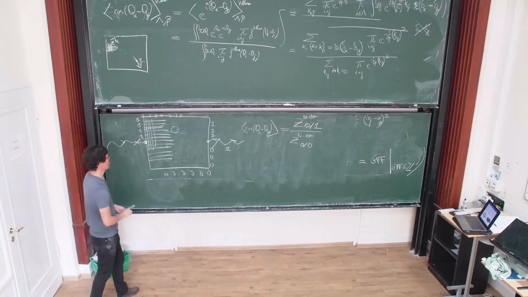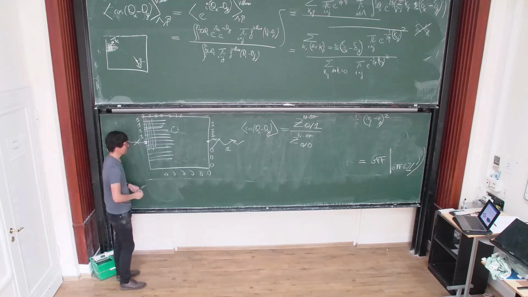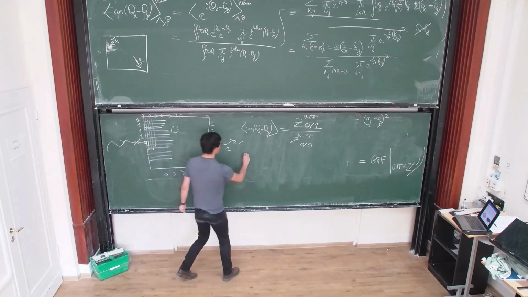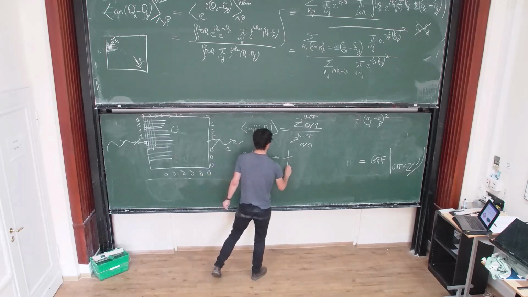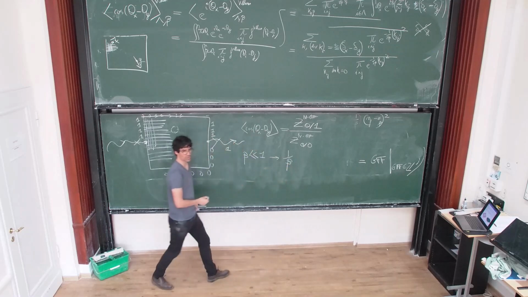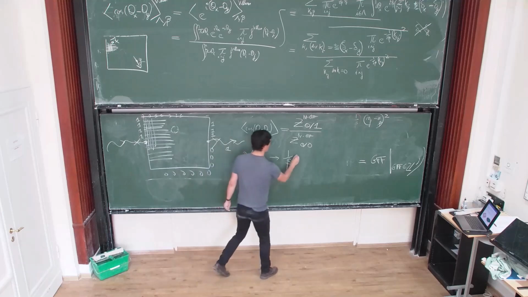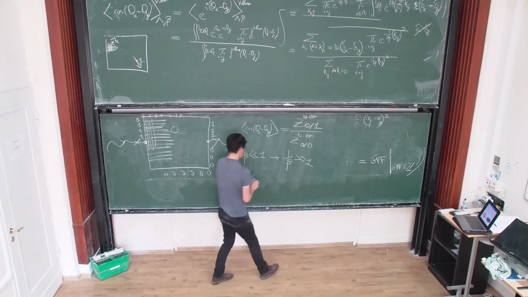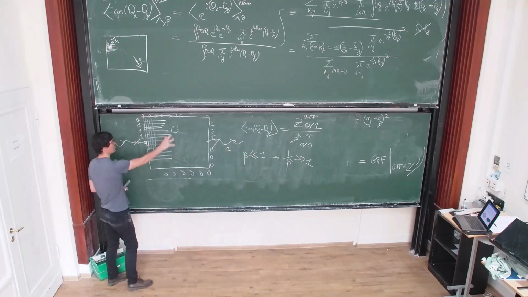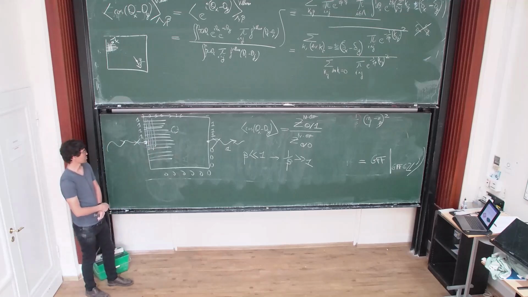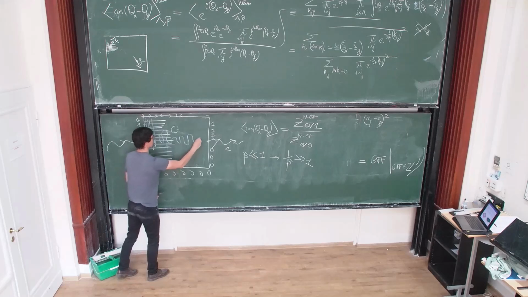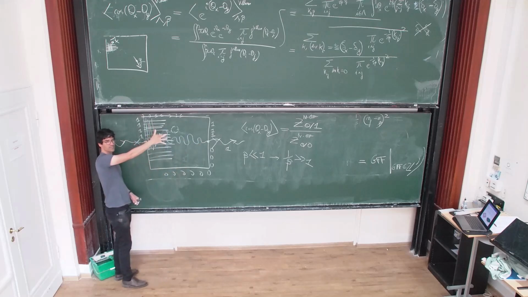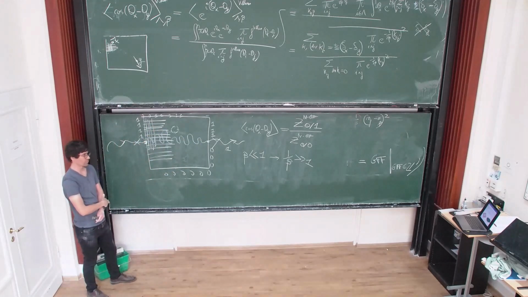And now comes the main reason behind BKT. If beta is very small, it means 1 over beta, which is the inverse temperature of this dual model, is very large. And if you have a Z-valued height function in this domain, you will see an interface between the positive part of your field and the negative part of the field.